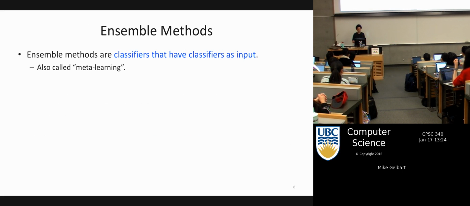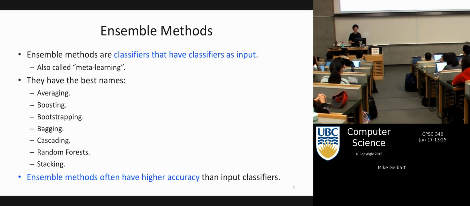So ensemble methods are meta classifiers, or you can think of it as meta learning, in the sense that they take other classifiers as their input and combine them in interesting ways. They have sort of strange names sometimes, so if you've seen any of these words, they may make more sense after today, or they may not. We will talk most about averaging today, and a bit about bootstrapping, or bagging.